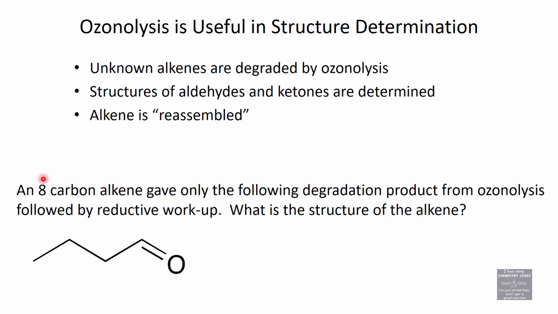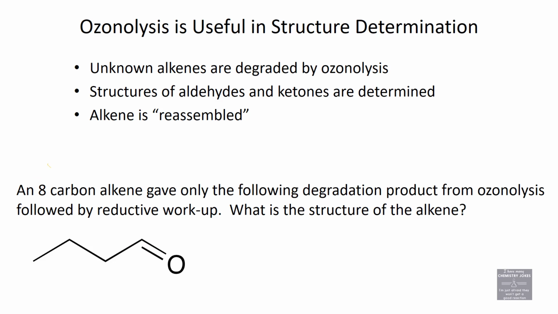All right. An 8-carbon alkene gave only the following degradation products upon ozonolysis with reductive workup. What is the structure of the alkene? Okay, my first thing to point out is it gave only this product. This product has 4 carbons, and I started with an 8-carbon alkene.